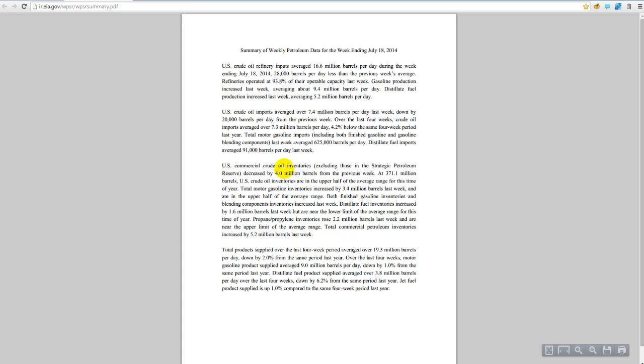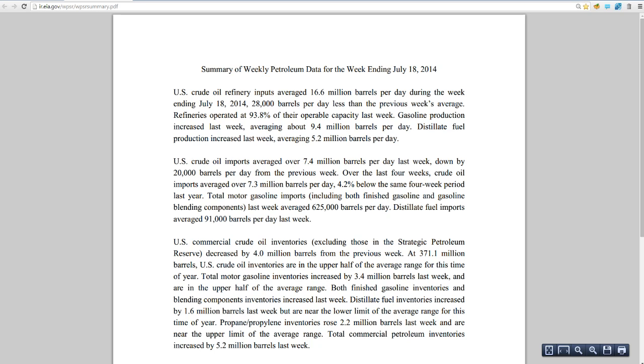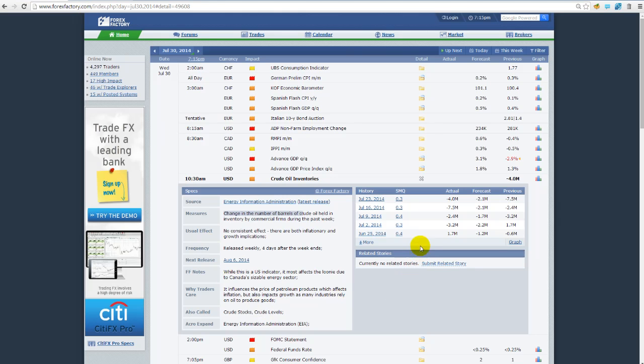One thing I want to tell you first off is the number could come in worse than the expectation. Think about this, just for simple economics. If the expectation was, they don't even have it up yet, but let's say negative 2 million barrels, and it came in at negative 4 million barrels, that means there's less oil.